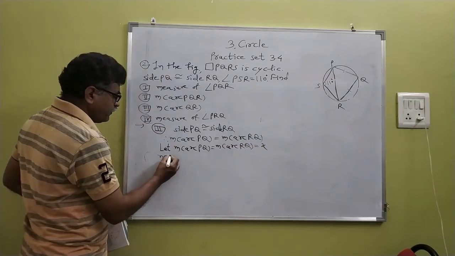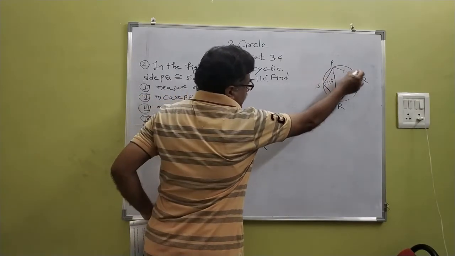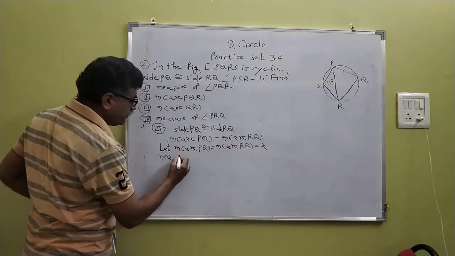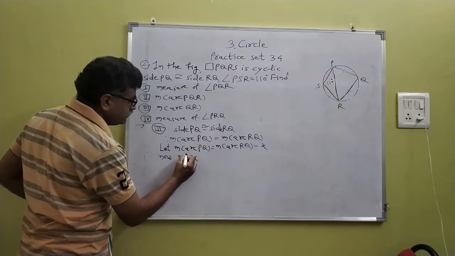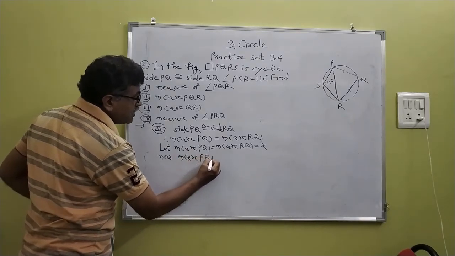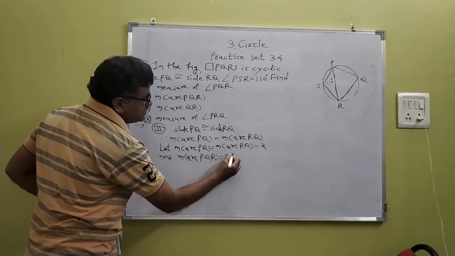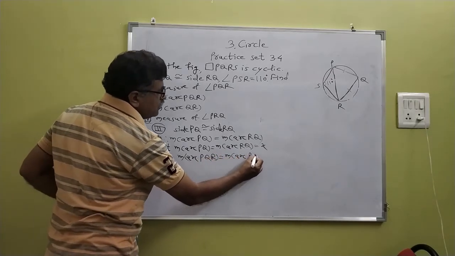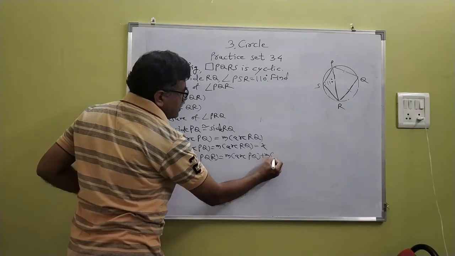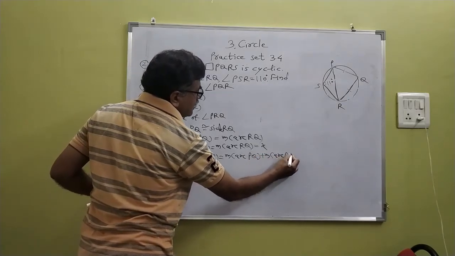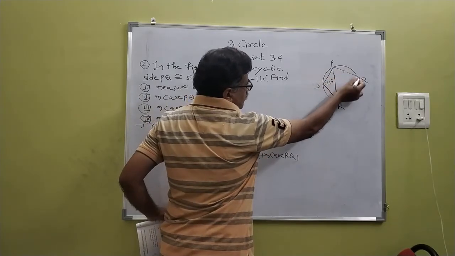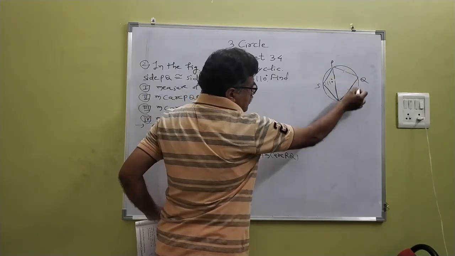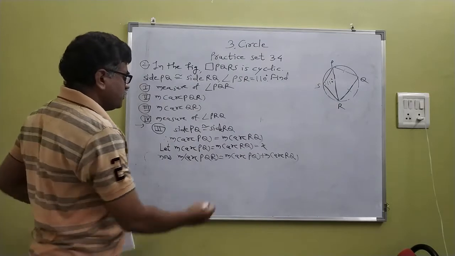Now, the measure of arc PQR is equal to the measure of arc PQ plus the measure of arc RQ. Now put its values.